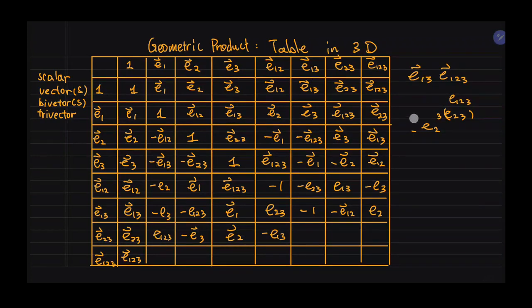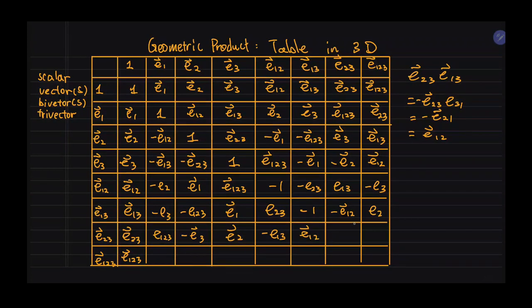Then let's calculate this. E23 E13 is minus E23 E31, so it's minus E21, so it's basically E12.